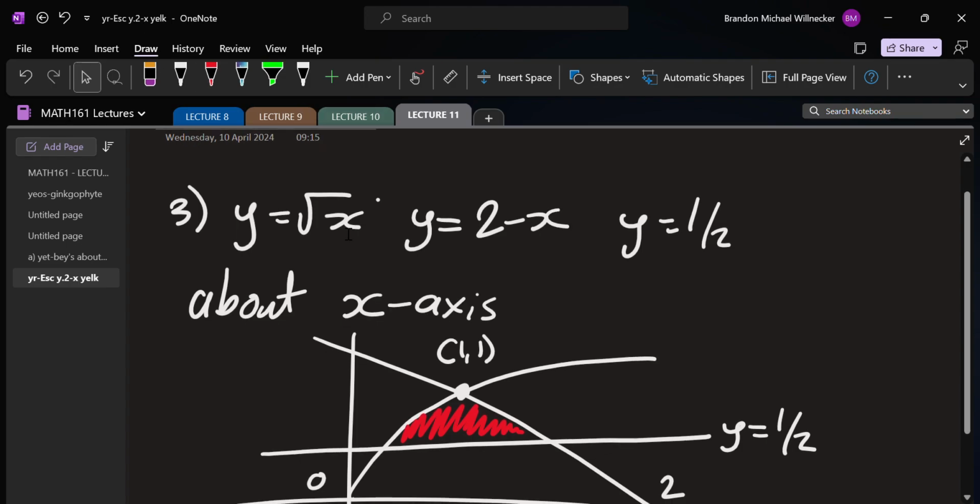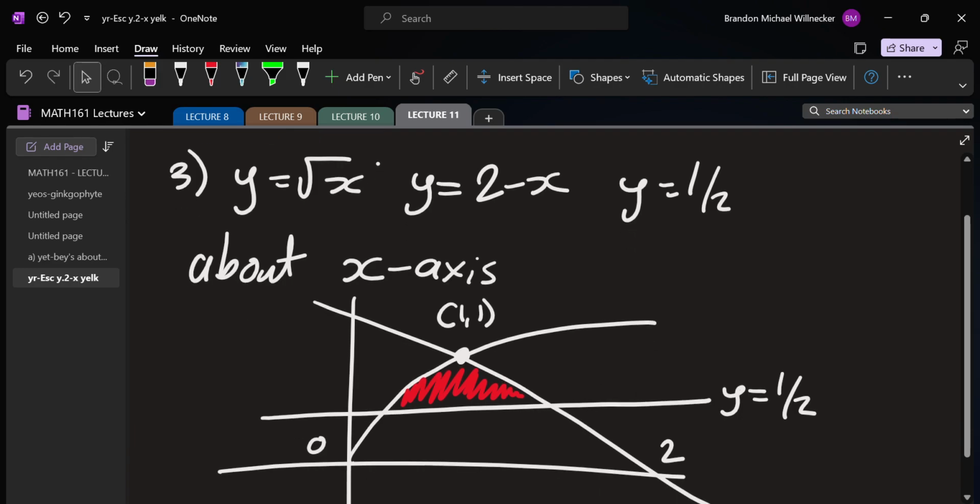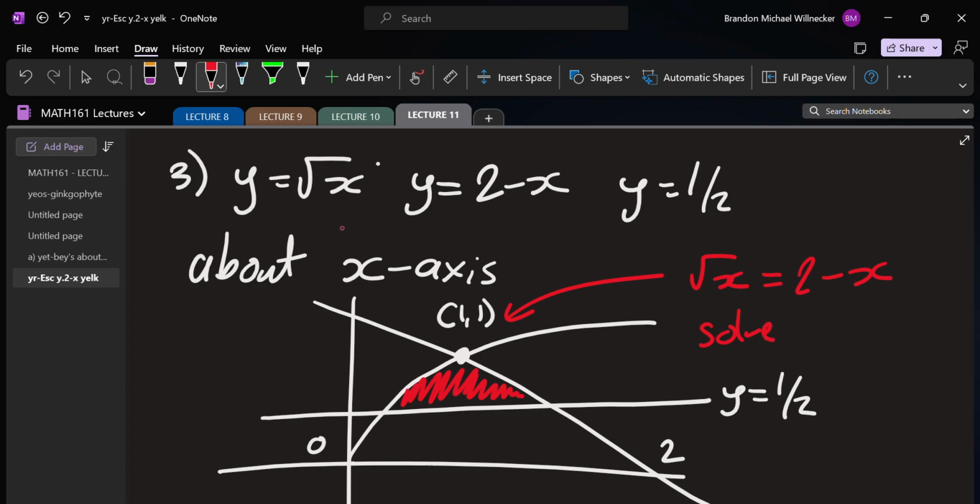Yes? The intersection. Yeah, no, because root of 1 is 1 and 2 minus 1 is 1. So that's the intersection. If you don't see it immediately, you're going to have to do the calculation on the side.